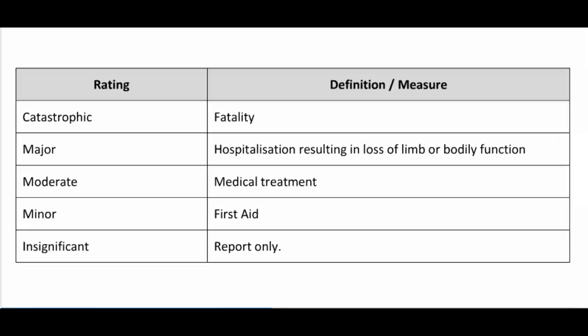With regards to severity, the following definitions and measures can be applied to assist in the assessment process. Insignificant, report only; minor, first aid; moderate, medical treatment; major, hospitalization resulting in loss of limb or bodily function; catastrophic, fatality.